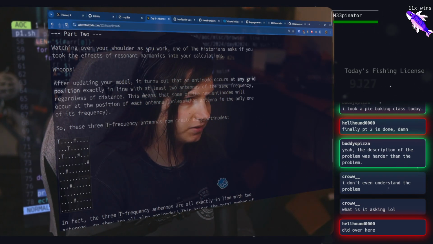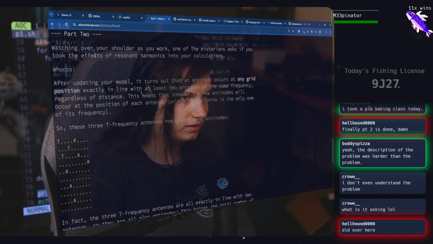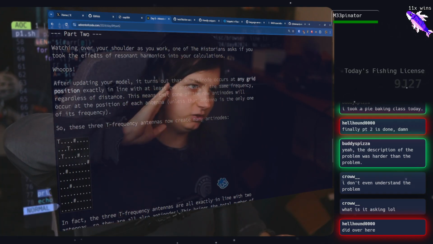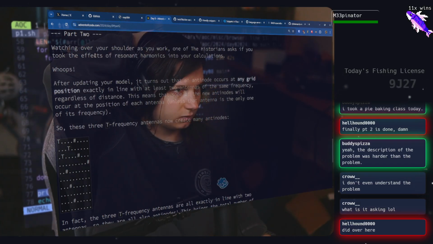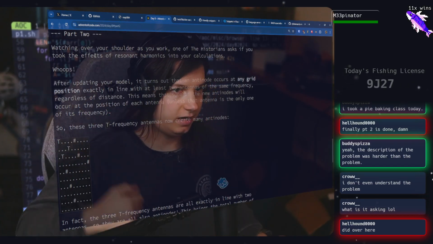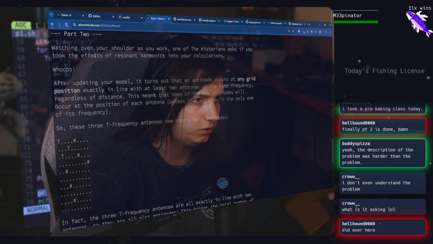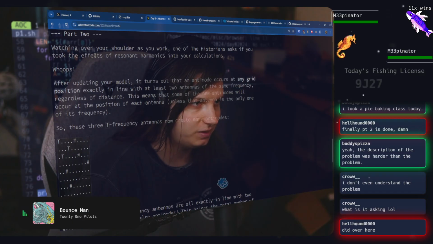One of the historians asks if you took the effects of resonant harmonics into your calculations. After updating your model, it turns out that an antinode occurs at any grid position exactly in line with at least 2 antennas of the same frequency.